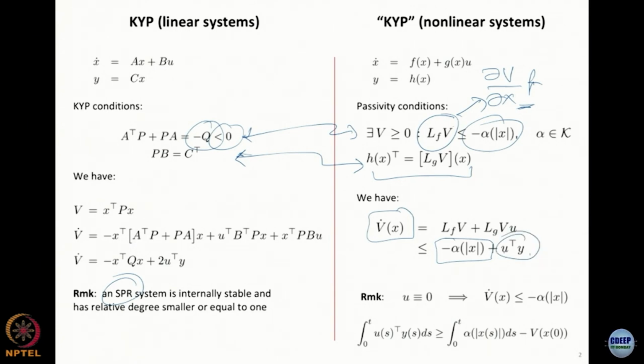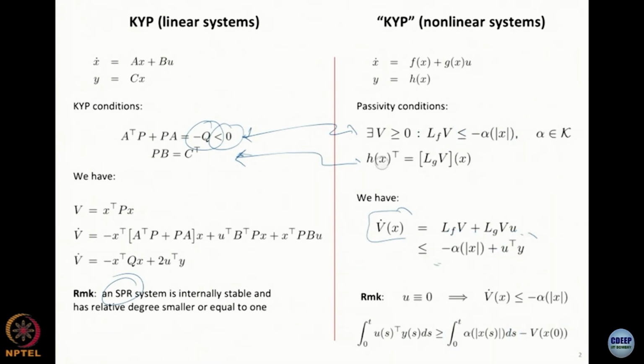So the energy balance inequality gives me this. The supplied energy is larger than the energy dissipation through the whole state plus a constant, which is actually negative, minus V_0. So that's the energy at the initial time.